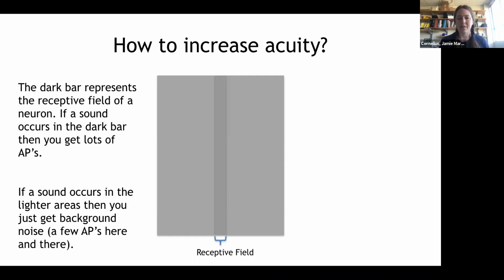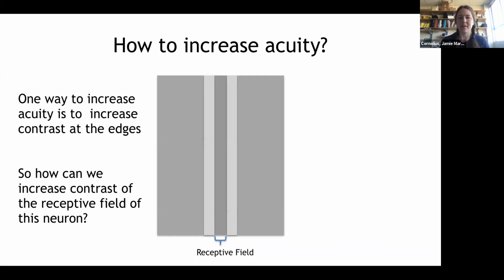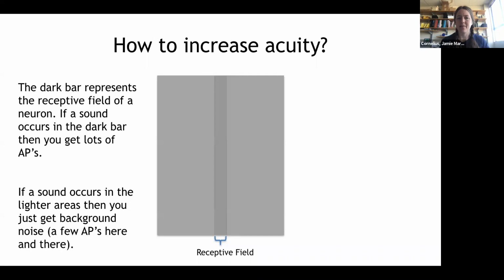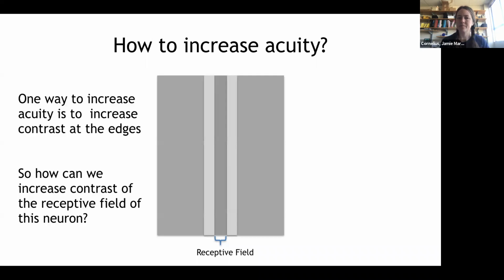That receptive field can be enhanced, or the edges can be defined, by increasing contrast at those edges. So now, if you increase the contrast, you can visually see that bar much more easily than in that scenario. So increasing contrast is important in sensory perception.